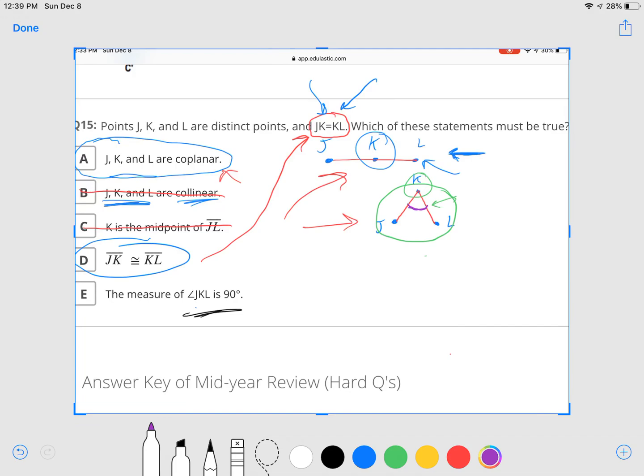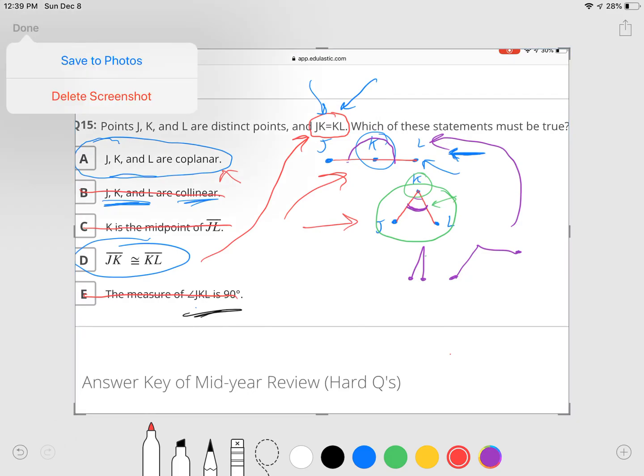This is purple, right here, angle JKL. Maybe that's 90, maybe it isn't. The point is I could draw it skinnier, or I could draw it wider. Heck, if we had used this example up here, what's that angle? It's 180 degrees. So it definitely does not have to be 90 degrees, so we can delete that one. Okay, so the only answers are A and D.